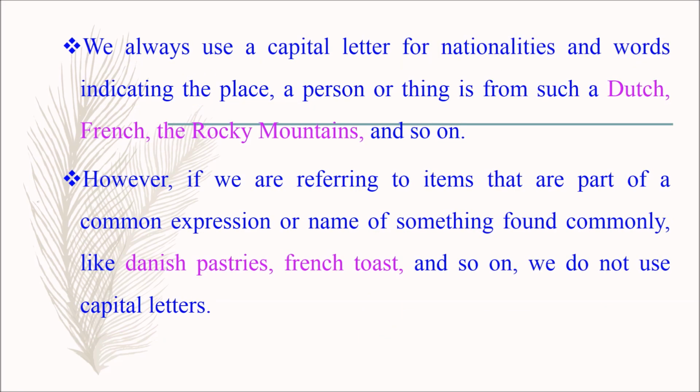Students, then we always use a capital letter for nationalities and words indicating the place a person or thing is from, such as Dutch, French, the Rocky Mountains, and so on.